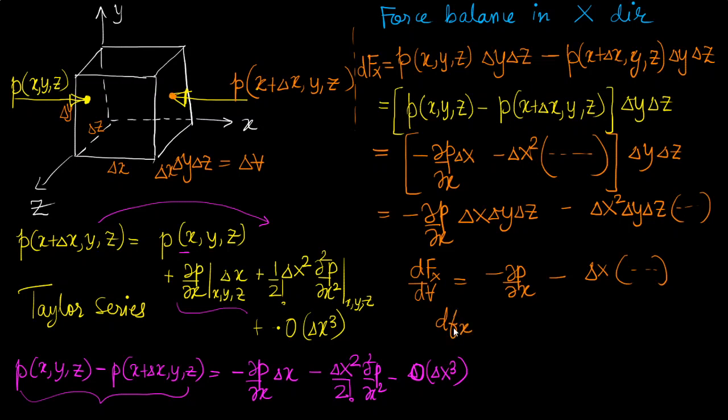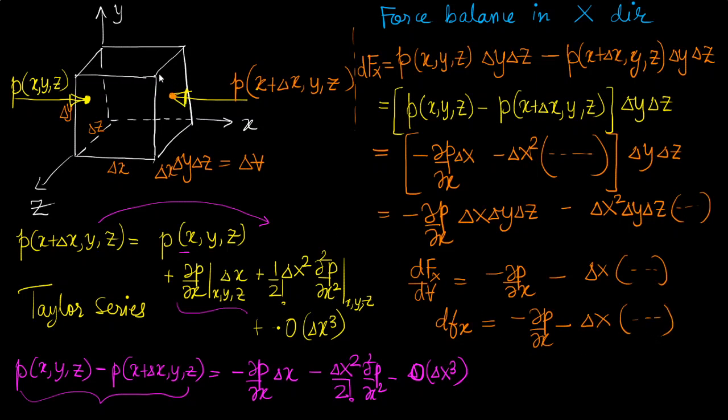So small fx will be representative of a force per unit volume, and this will be equal to minus del p del x minus delta x times the other terms.